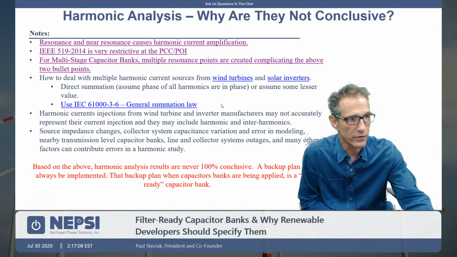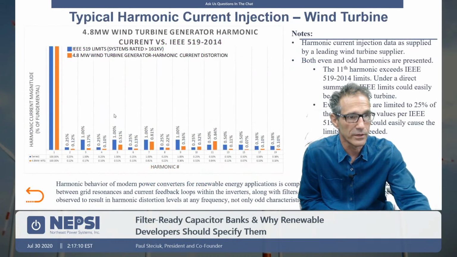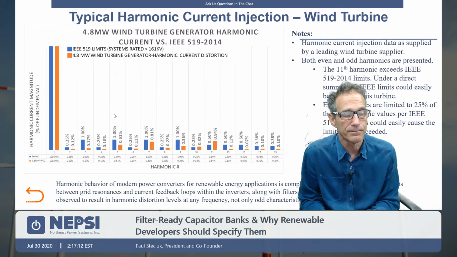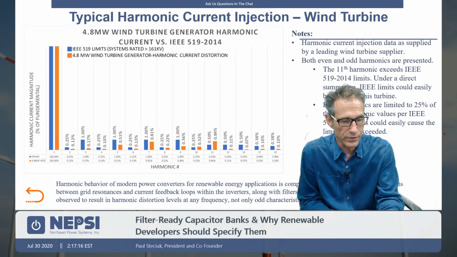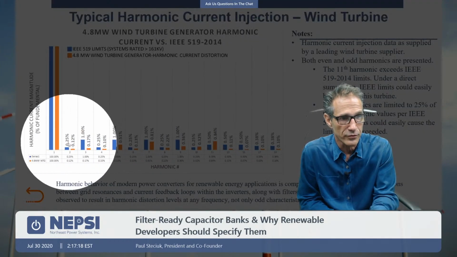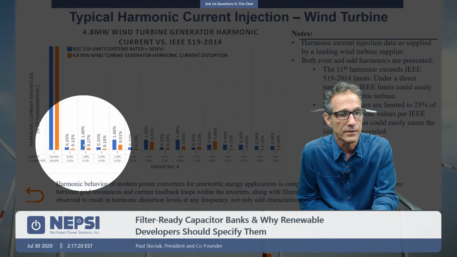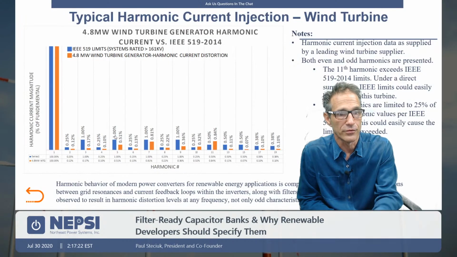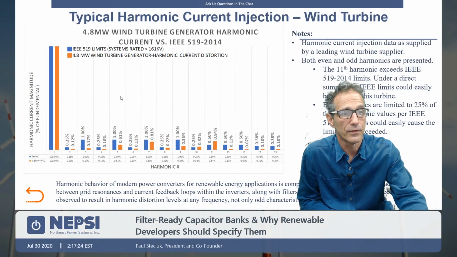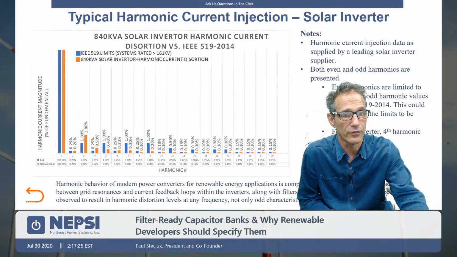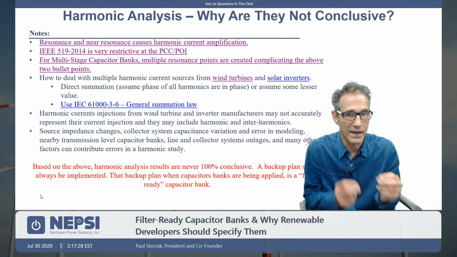If I were to take a look at just a wind turbine, the harmonic output, you can see here there are values of current distortion as a percent of their output, and similar things can be done for a solar inverter. So the question becomes, how do you add those?